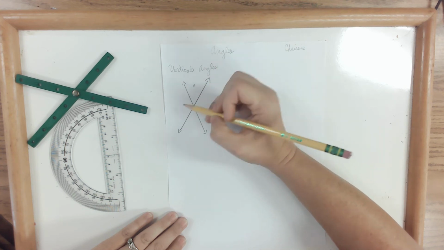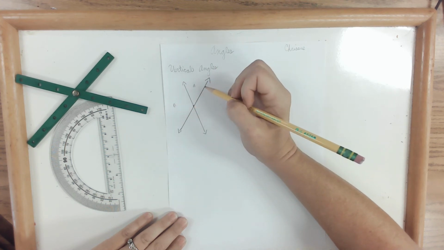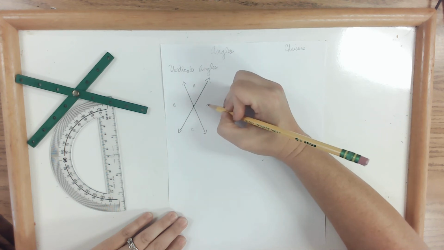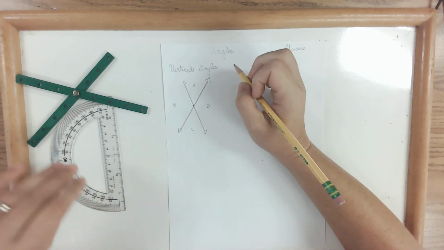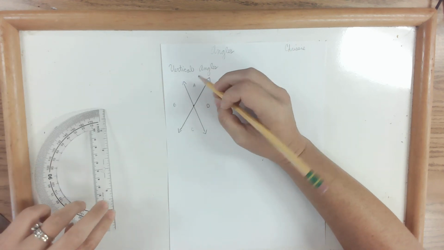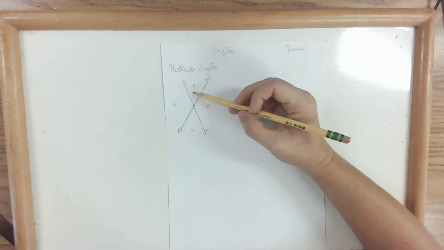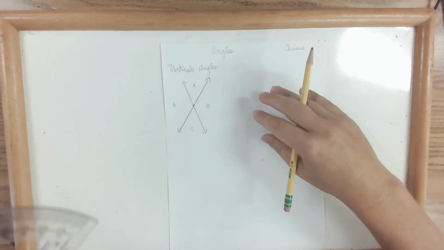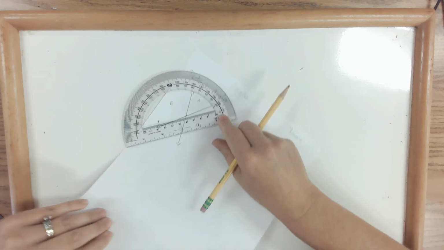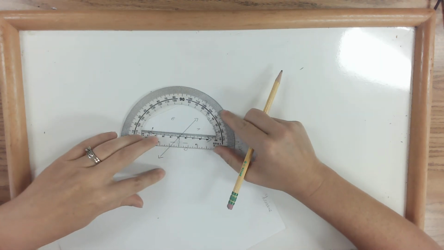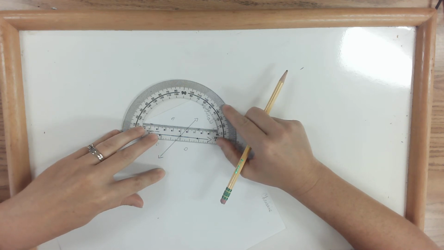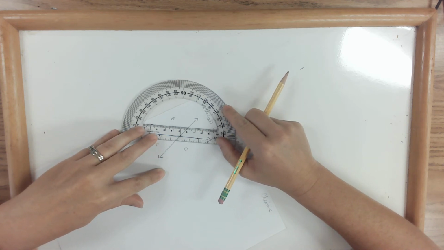We'll make that one A, B, C, and D. Then I want to measure each angle and see if it's true that opposites are equal. So take my protractor. I'll do A first. I line my vertex up with this circle and see how I have to line up my leg here.